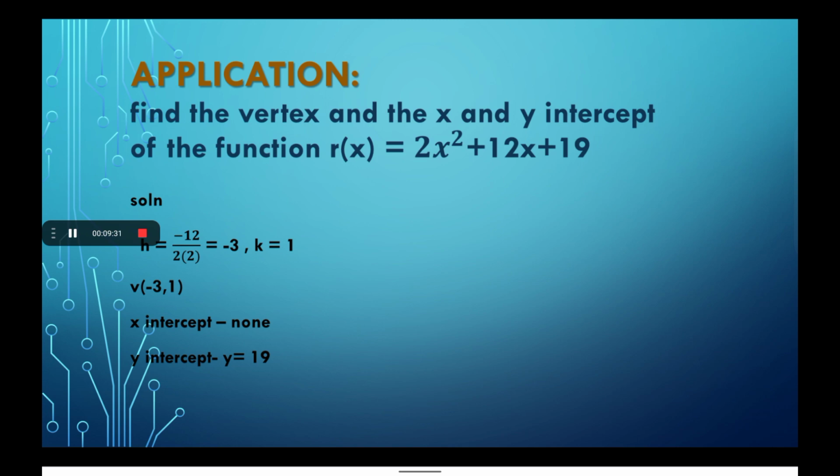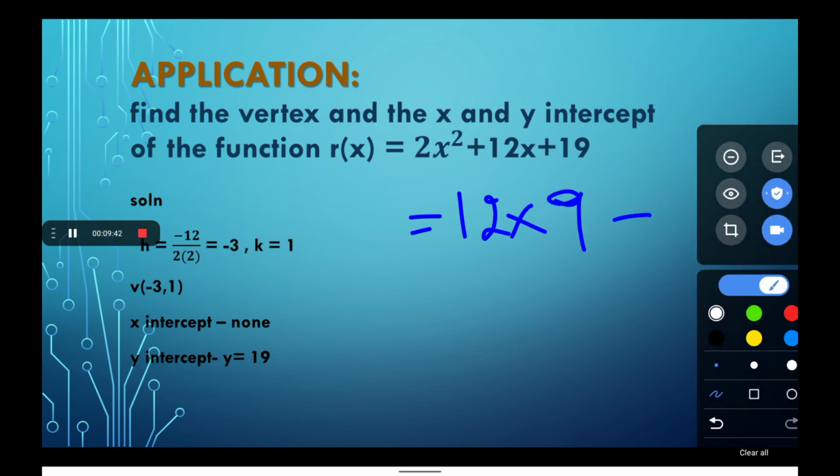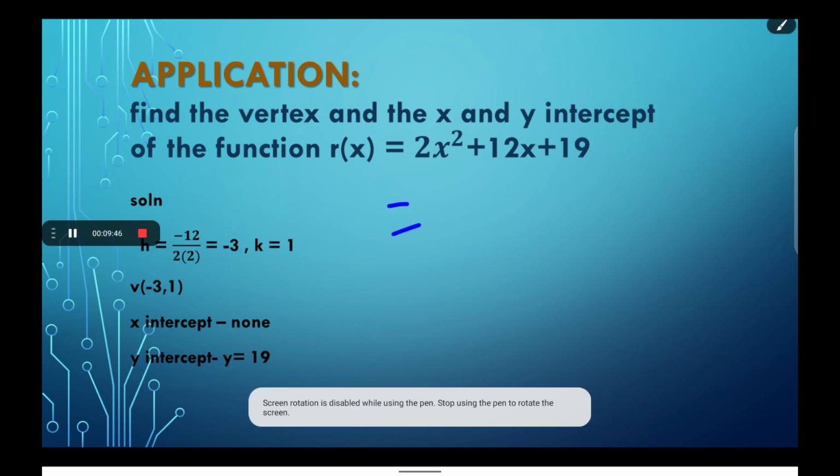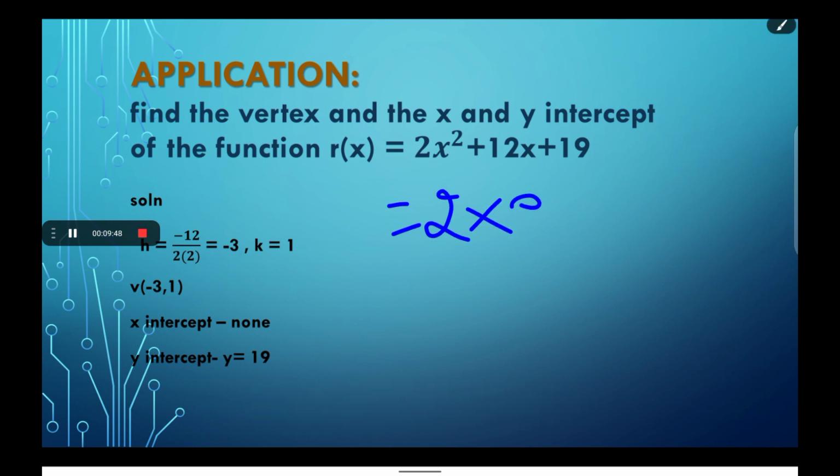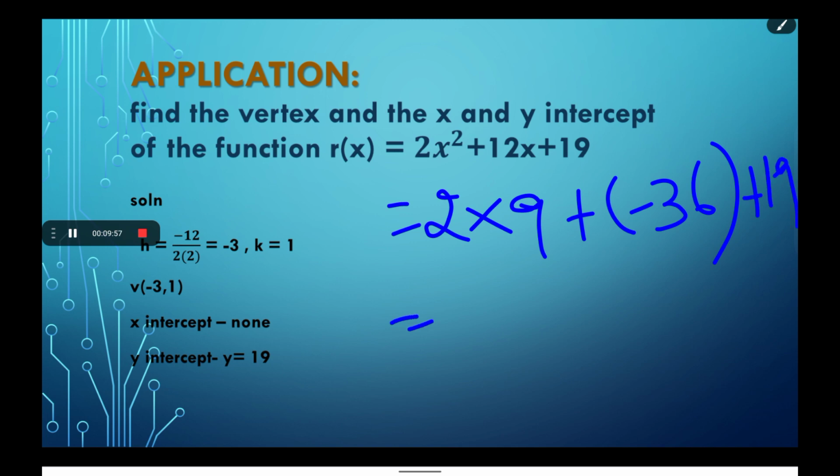We get 2 into 9 plus 12 into minus 3, that means 18 minus 36 plus 19. 18 plus 19 is 37, and 37 minus 36 equals 1. That is the value of k. We found the vertex of this function: minus 3 comma 1.